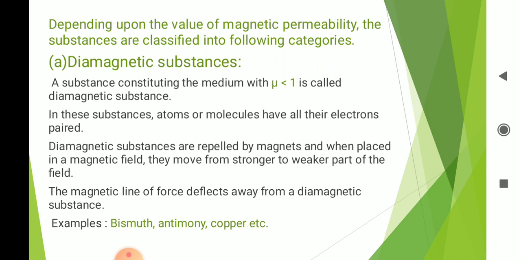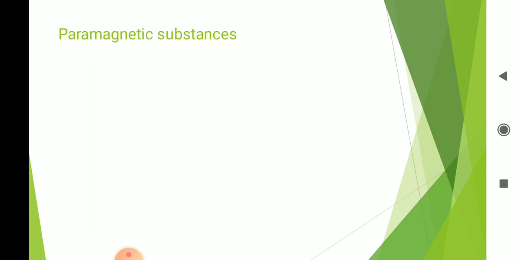Then paramagnetic substances. These substances have one or more unpaired electrons and they are attracted by magnets. For paramagnetic substances, mu is greater than 1, that is, the magnetic permeability is greater than 1. A paramagnetic substance is more permeable to the magnetic lines of force than the vacuum.